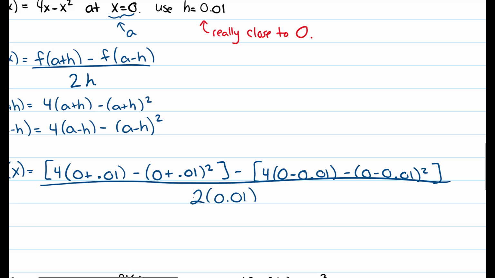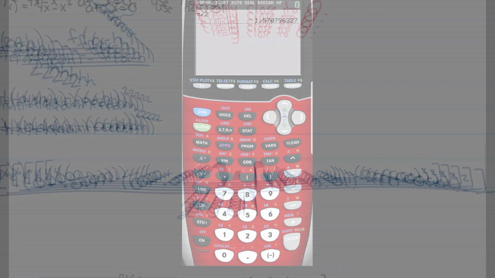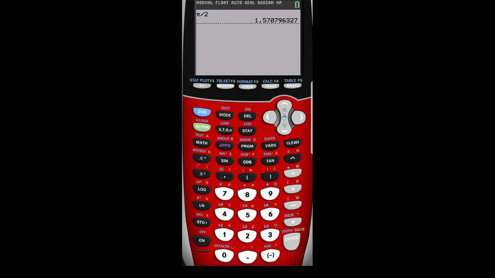And now at this point, we are going to calculate this on our calculator. So to do this on our calculator, we're going to use our fraction tool. So it's alpha f1, and now we have our fraction. And we do this so we get all of our parentheses right.